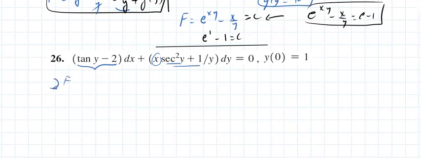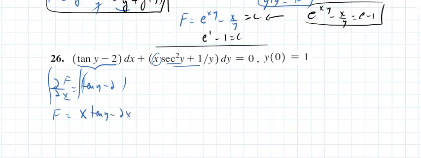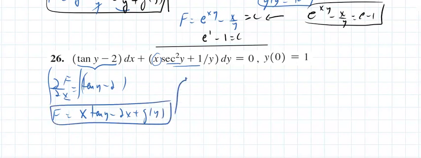So the partial of f with respect to x is tangent of y minus 2. And I'm undoing a partial derivative with respect to x. I will say f is x tangent of y, since tangent of y is a constant, minus 2x plus g of y. Now, if I take a partial of this with respect to y, that is x secant squared of y plus g prime of y.